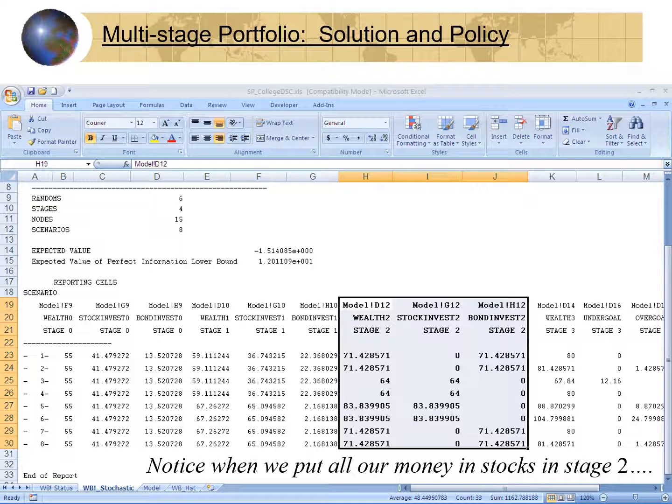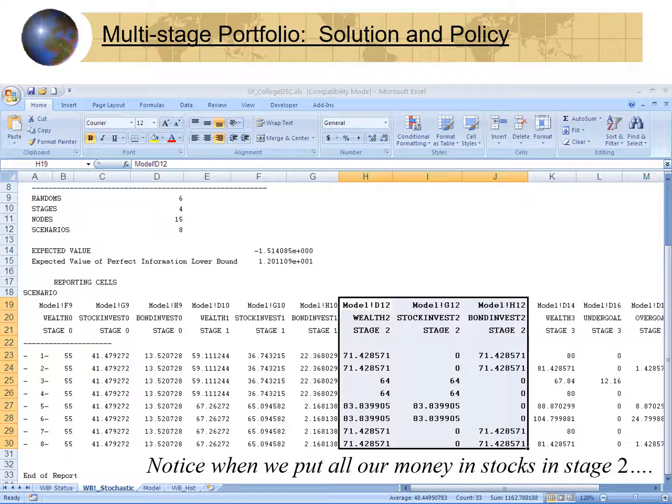And then across horizontally, we've listed the various performance measures of interest. And you can specify which performance measures you want listed when you set up the model.